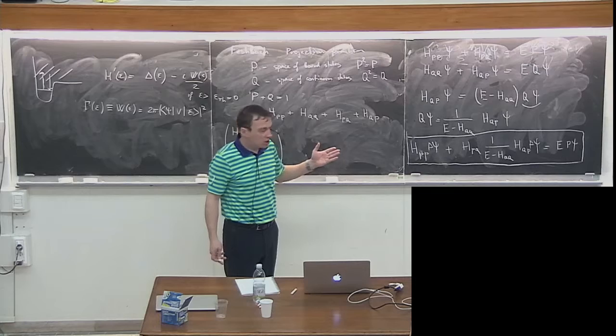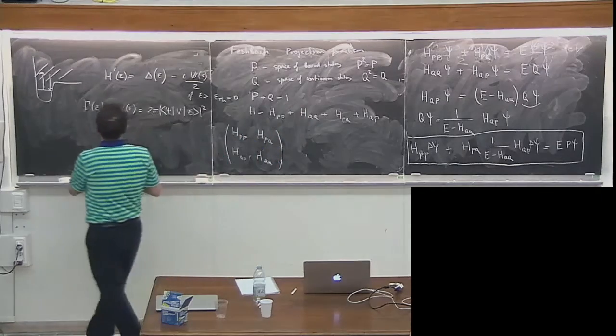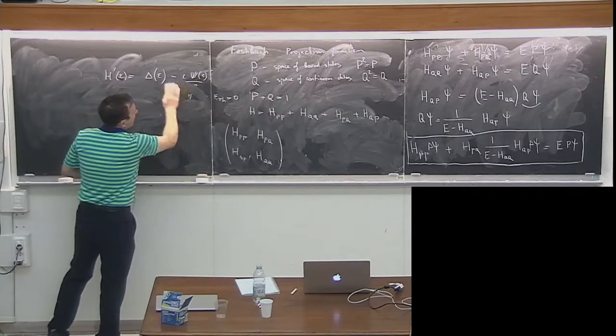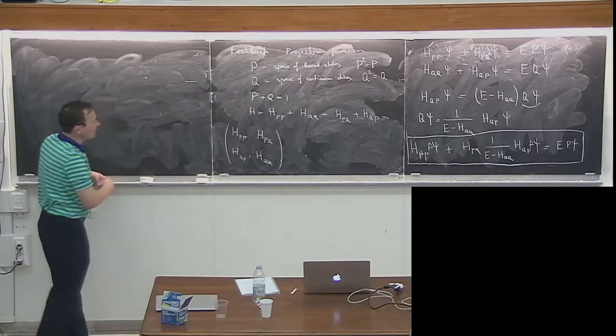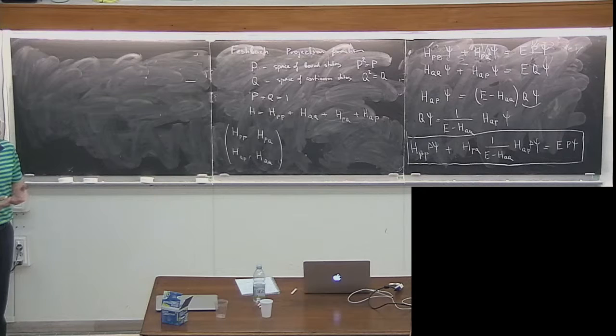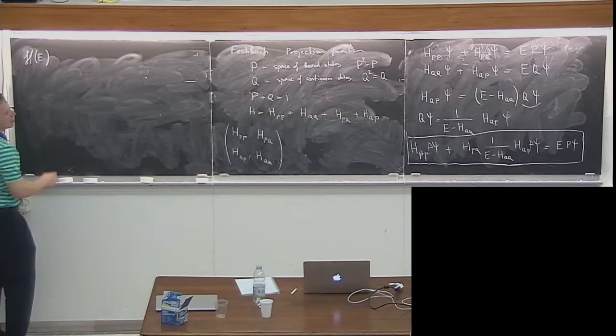Nothing has changed. And what I can do now is relate it to my earlier problem of one state and see that effectively, inside of my P space, where I have my many-body space, if I restrict my consideration, I can still obtain an exact Schrödinger equation which has this H of E, which is energy dependent.